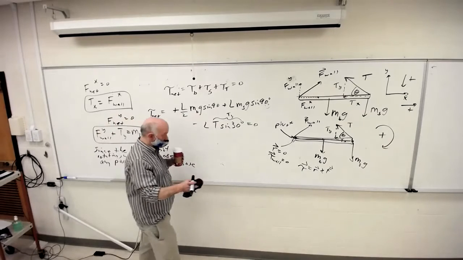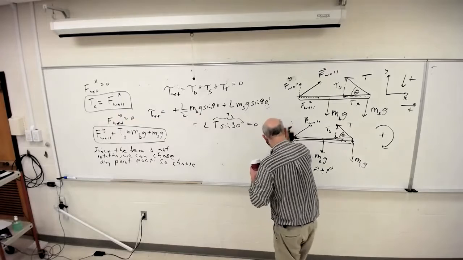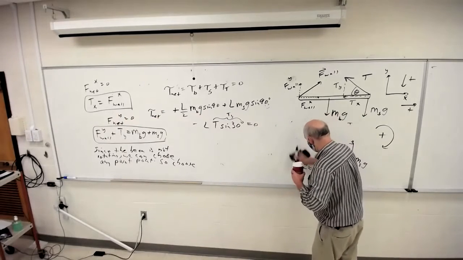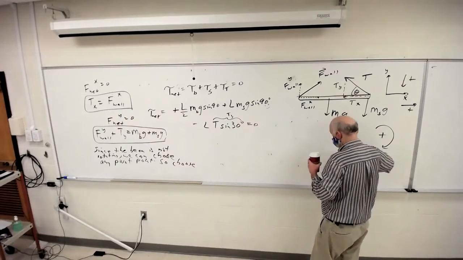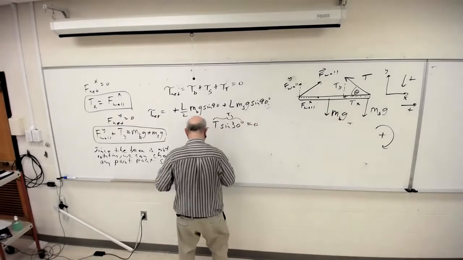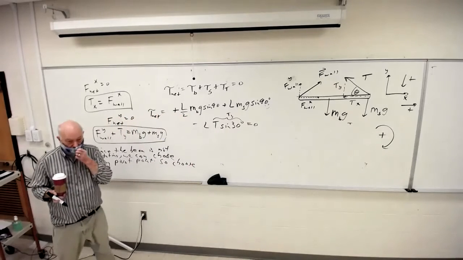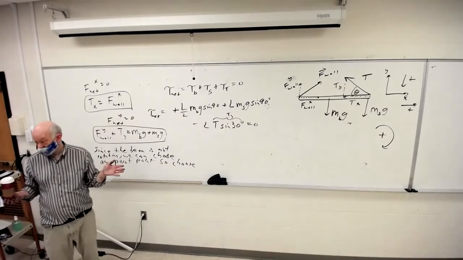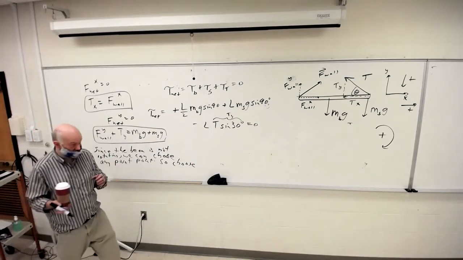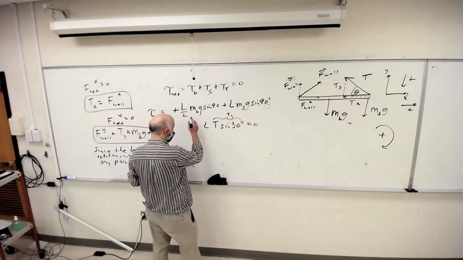Okay, so now I solve for T. First of all, does anything cancel? The L. So that's kind of neat: it's independent of the length of the rod. So the L's cancel.